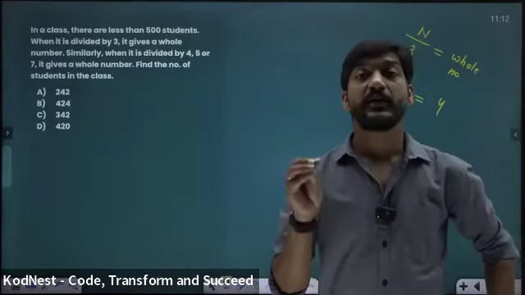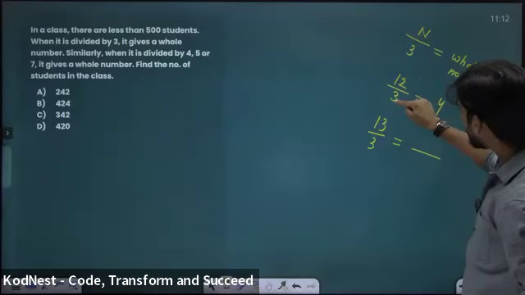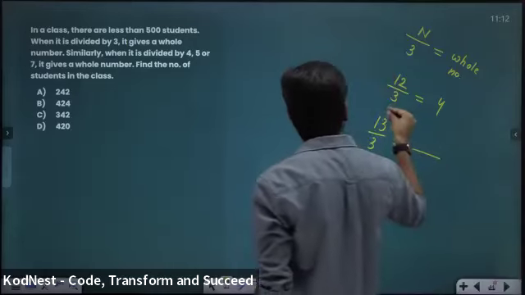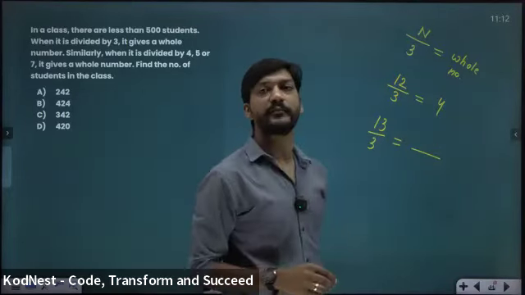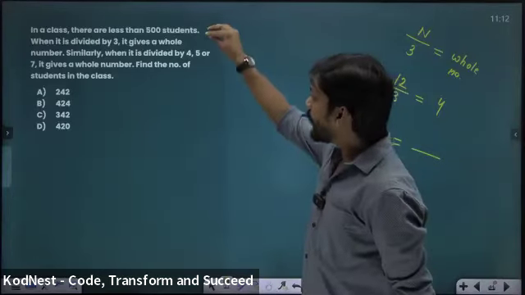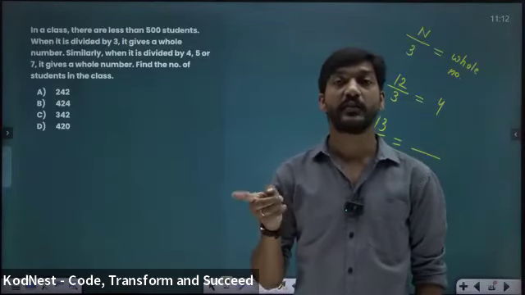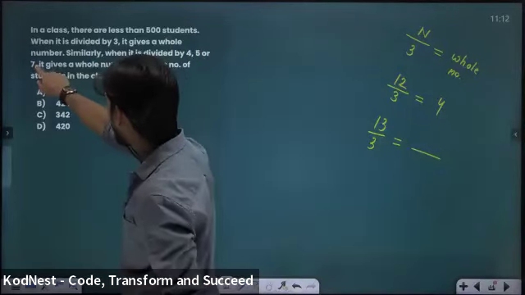So when you are taking a case in which it is divisible, 12 is divisible by 3, you will get an integer. And when you take a number which is not divisible, in that case, you will get a decimal. So my dear, here whole number means divisible by 3. Whole number means 457.